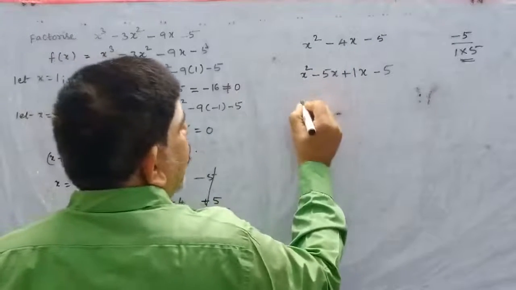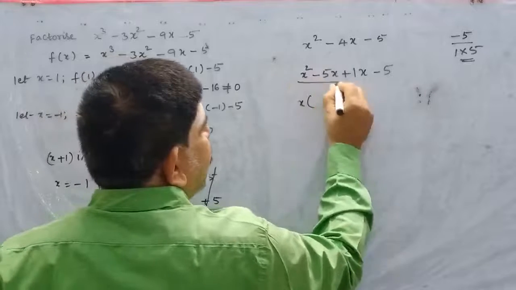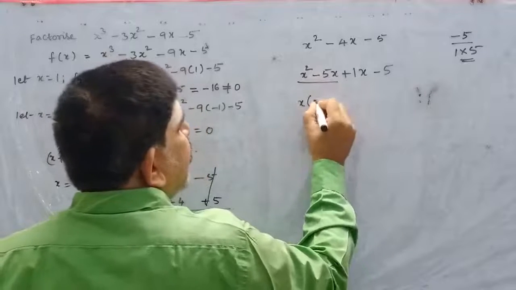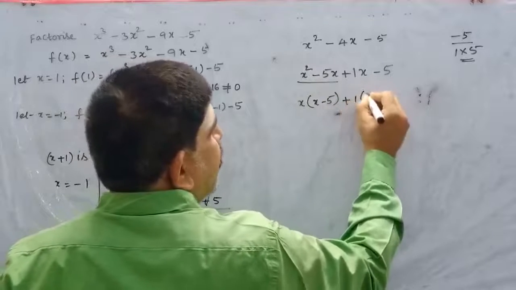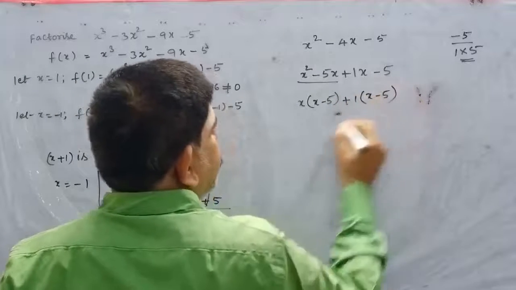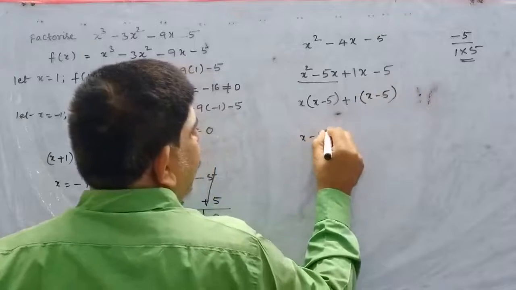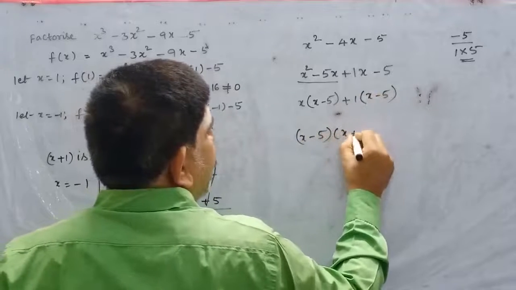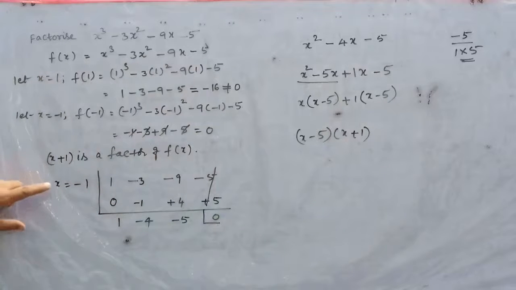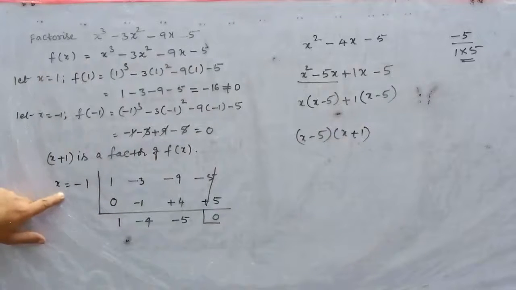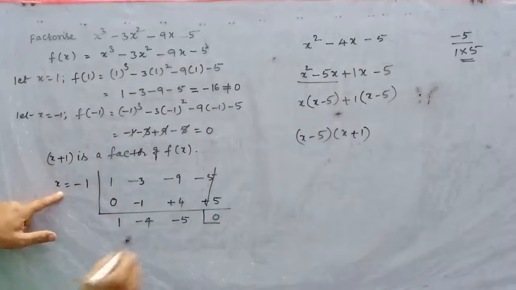Now the common factor. x is the common factor from the first half, that is x minus 5, plus 1 is the common factor, then x minus 5. So x minus 5 into x plus 1 are the two factors. The remaining one factor is taken from here, that is x plus 1.